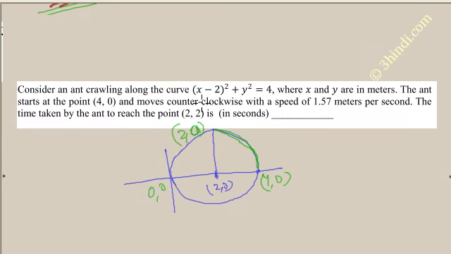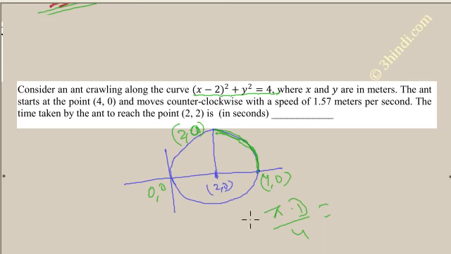Here this equation shows this is a circle, and the ant is required to move from this point to this point. This is 1 by 4 of the circumference of this circle. The length of the circumference of a circle is pi into d, so this length is pi d by 4.